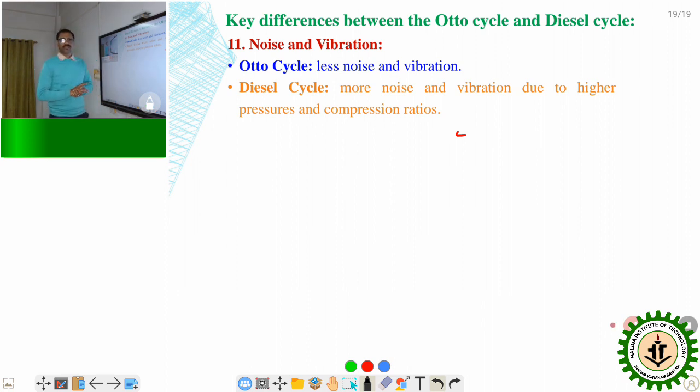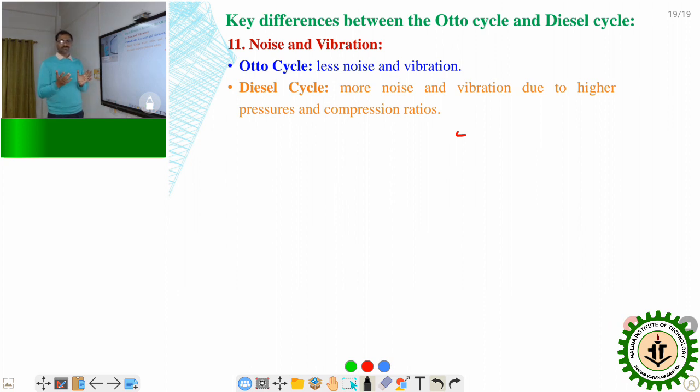And why four stroke? There are mainly four processes that happen by the four strokes of the piston. First, for example, top dead center to the bottom dead center, that is suction. Suction means the sucking of the air petrol mixture or diesel, or only air.